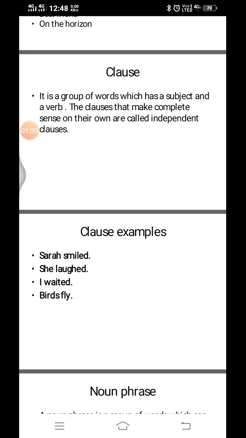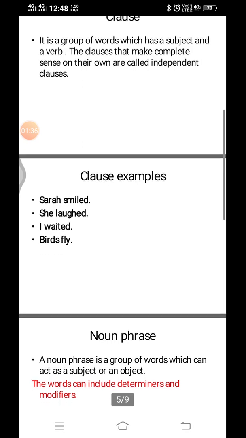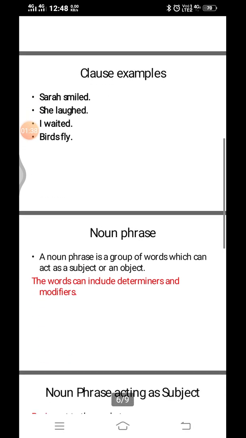A clause will have a subject as well as a verb. Now some examples of a clause, like Sarah smiled. Sarah is a noun, a subject. So Sarah is somebody about whom we are talking, whom the sentence is about. So Sarah is a subject and smiled is a verb.